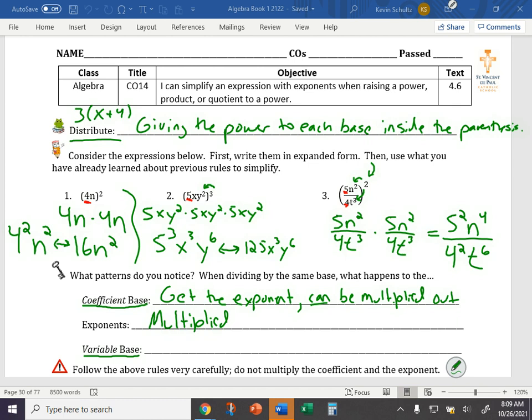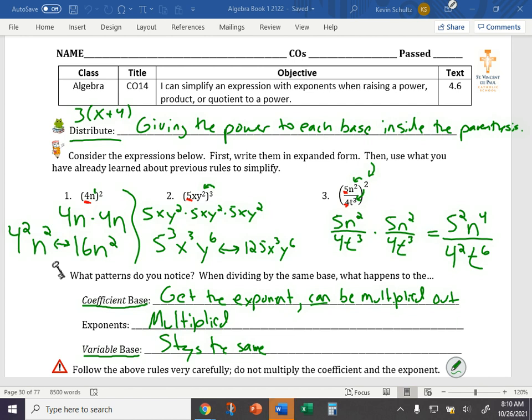Our variable bases, our n that we had here, our x, our y, our n, our t. What happened to the variable bases? They stay the same. Okay? Stay the same. If there's not already a power assigned to the variable, I mean, technically it's n to the first, so our rule of multiplying 2 times 1 still holds here, but it stays the same.